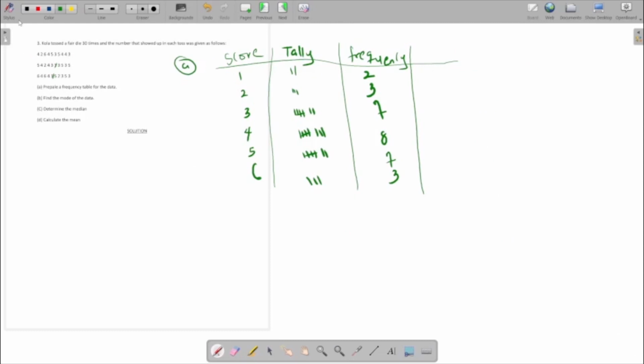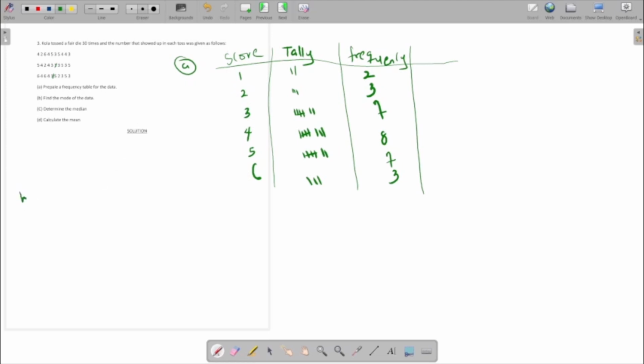Okay, the next question says find the mode of this data, that is, this data represented in this table. Find the mode of the data. So if you are talking of the mode, we are talking of the score with the highest frequency, like the highest occurring frequency. We are talking of this score among these scores with the highest frequency.